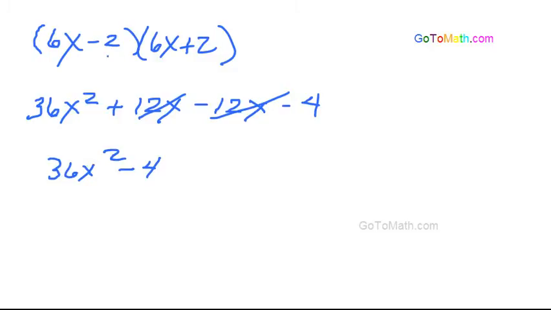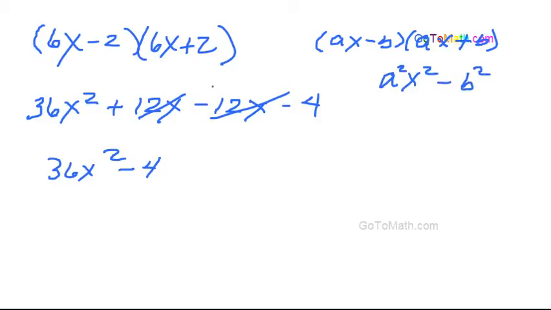So as you can see here, if we have the form, for example, ax minus b times ax plus b, what do we end up getting? Well, we end up getting a squared x squared minus b squared. So a would happen to be 6, and 6 squared is 36.